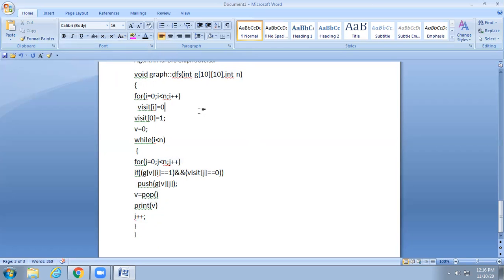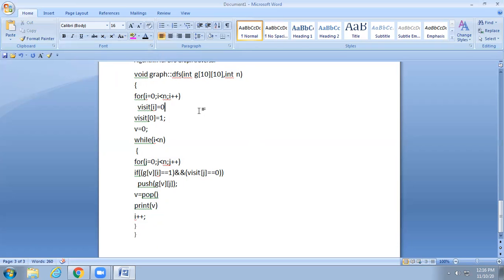First of all, let us assume that there are n vertices. I have not visited any vertex of the graph. So first we have to unvisit all the vertices of the graph. That's why visit of I equal to 0.